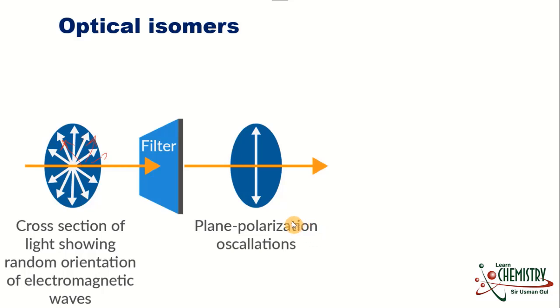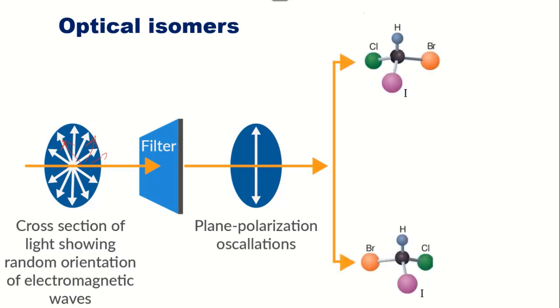Okay, now we have some compounds that show a response to this plane polarized light. So now you can see these two molecules are identical, they have the same groups. If I say this central atom is a carbon atom, here the carbon atom is attached to hydrogen, chlorine, iodine and bromine, and this one is also a carbon atom, and this carbon atom is also attached to hydrogen, bromine, iodine and chlorine.